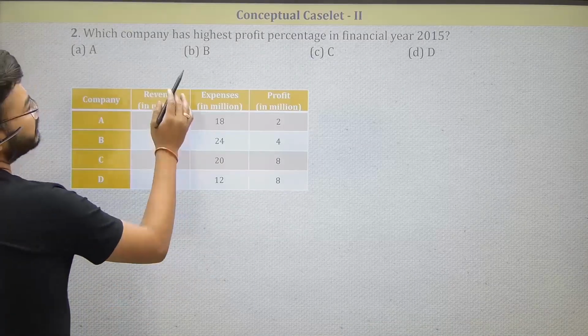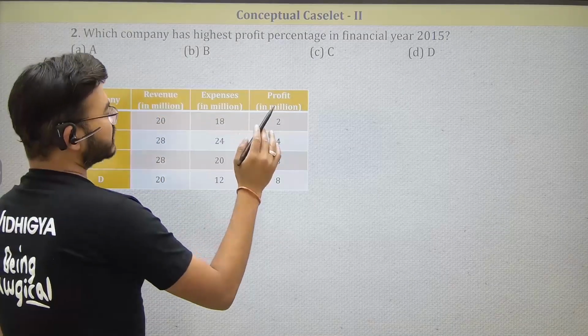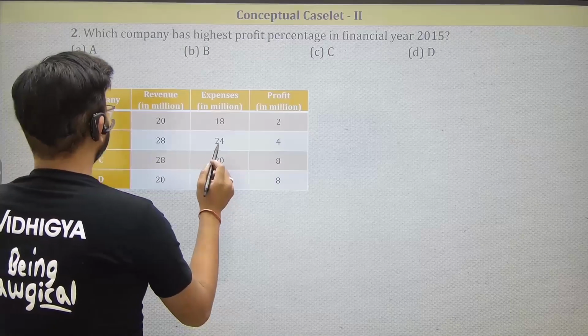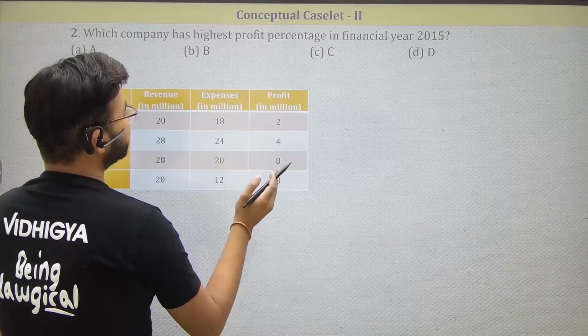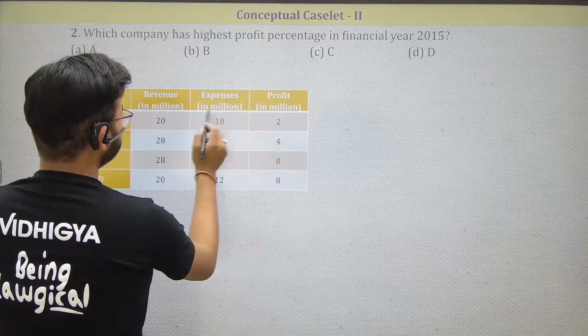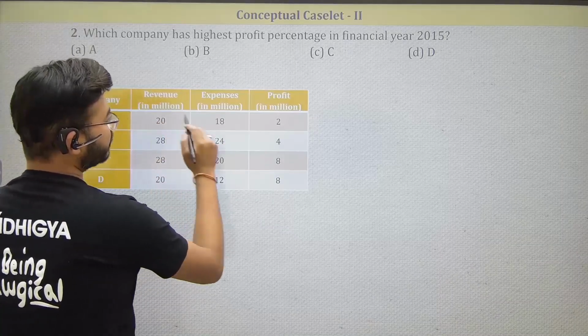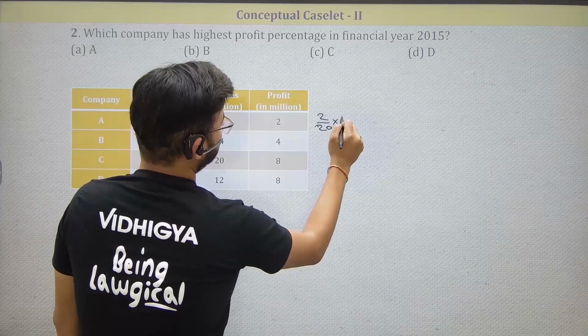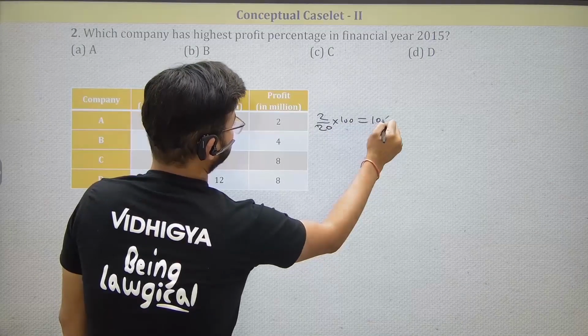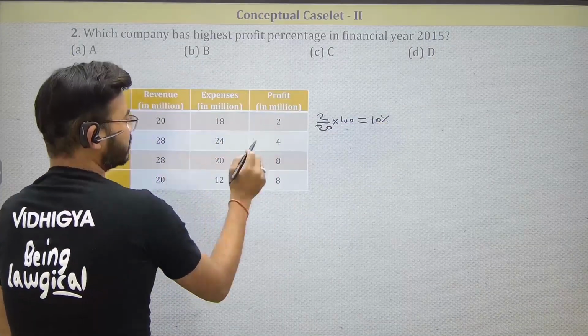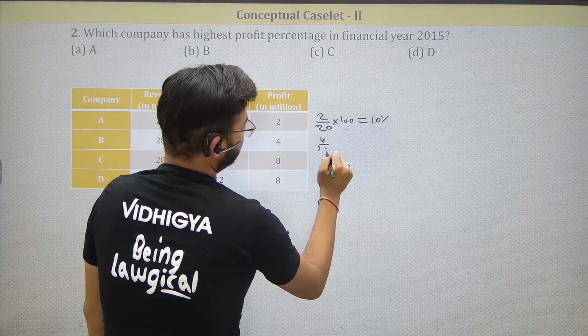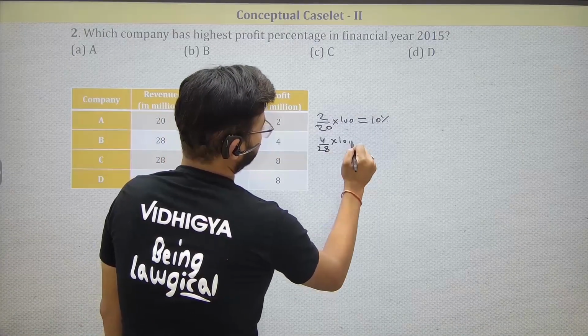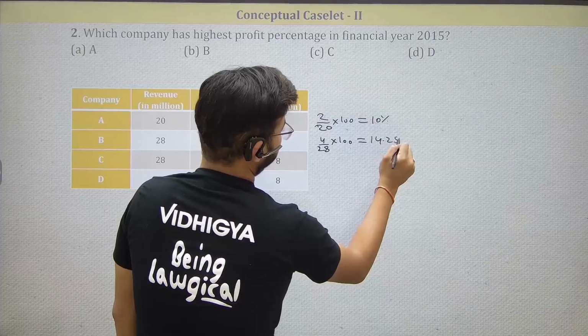Next, which company has highest profit percent in financial year 2015? Profit percentage will be calculated on the base of revenues. Profit percent will be 2 by 20 into 100, so that will be 10% for company A. For company B, it will be 4 by 28 into 100, so that is 14.28%.